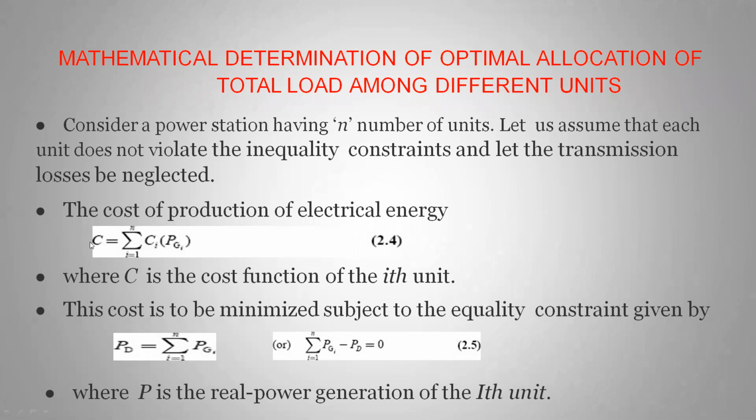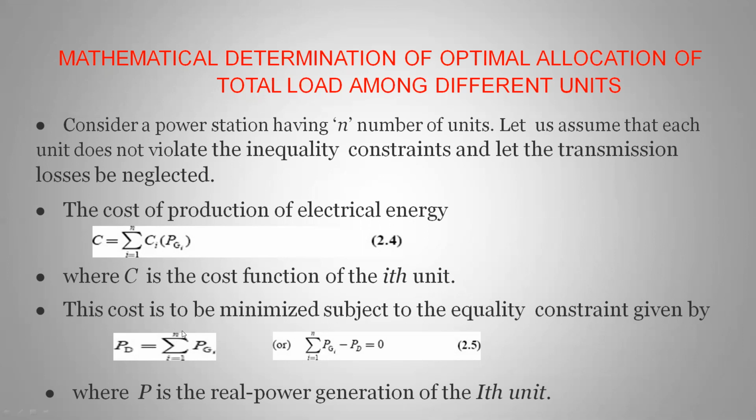This is the cost of production of electrical energy, where C is the cost function of the ith unit.